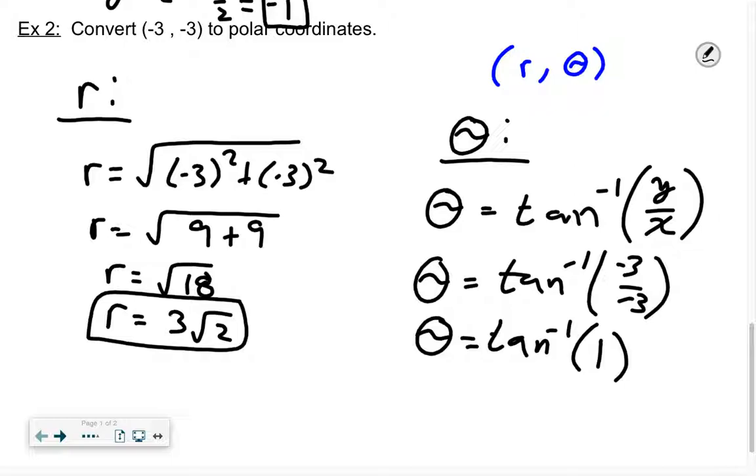So let's go to our unit circle. What's our radian measure at 45 degrees? The radian measure? Yeah, pi over 4.